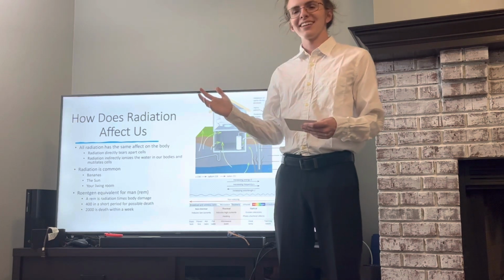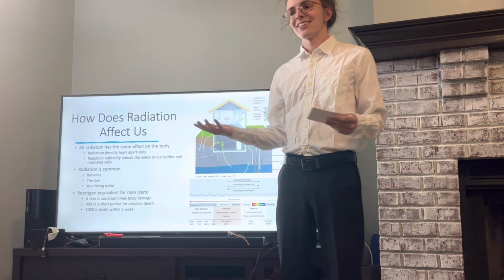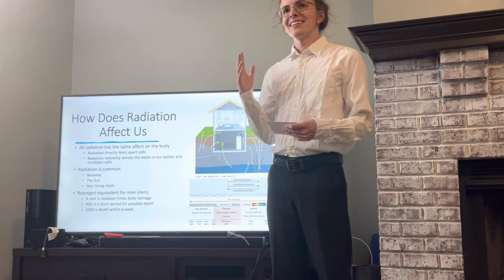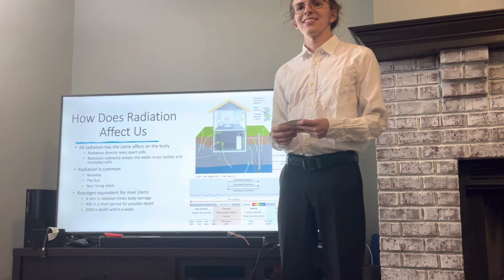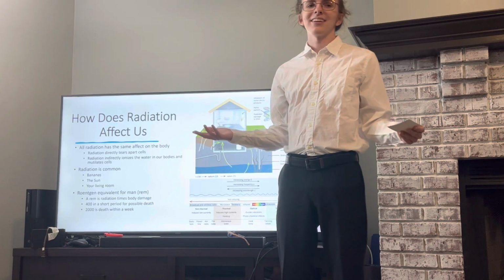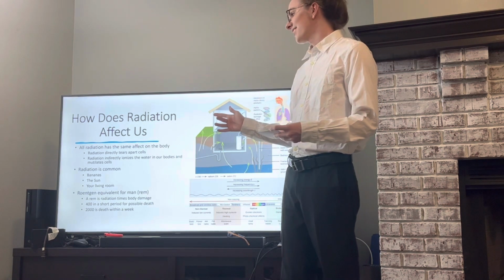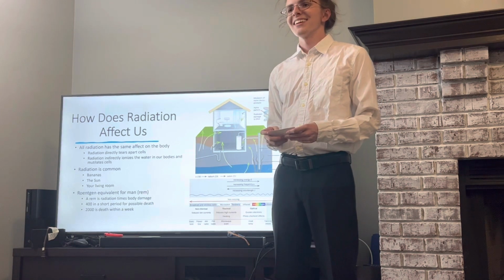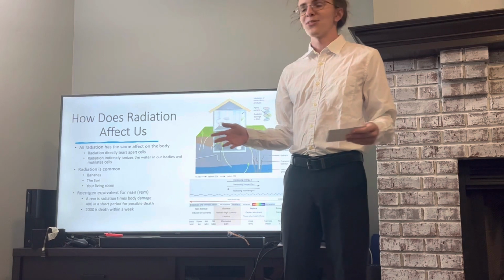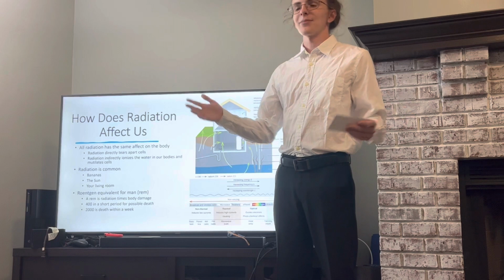And radon gas is more dense than air, and it is the second leading cause of lung cancer behind smoking. But the amount in the air is quite insignificant. And a roentgen equivalent man, or rem, is the unit they use for radiation to tell how radioactive something is.